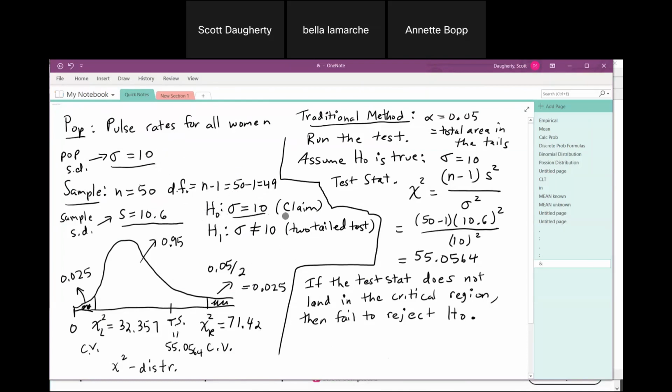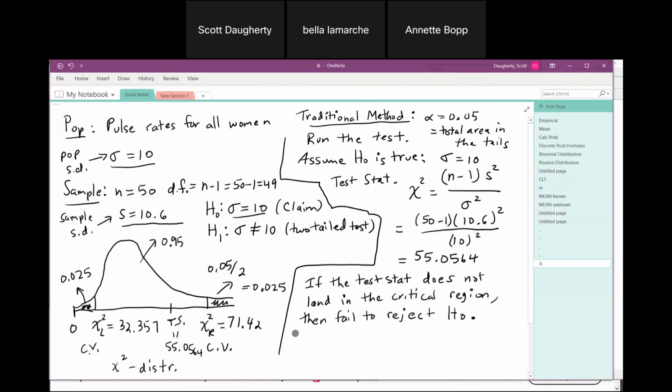And so a failure to reject the null in this case, now I want you to be careful about how you write this conclusion because it's a little different than what we had before. I want you to think of it this way. We're failing to reject the null hypothesis here, and the null hypothesis is the claim. They're the same thing. So if someone says, I'm failing to reject the null hypothesis, you're, in this case, also saying that you're failing to reject the claim.